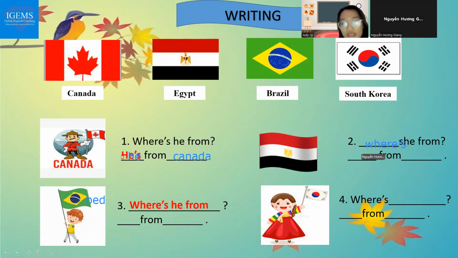So he is, remember, he is. So you need to have a contraction here. Okay. And number 2, where's she from? That's right. She is, or she's. You need to write the contraction here, she is.